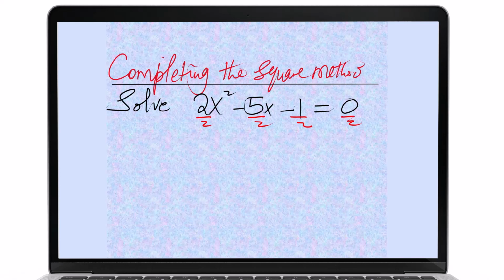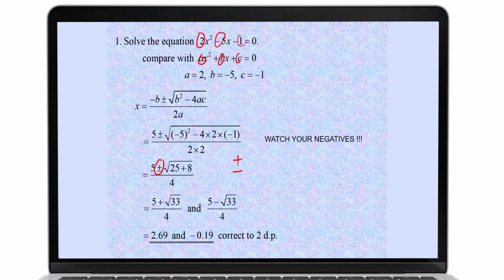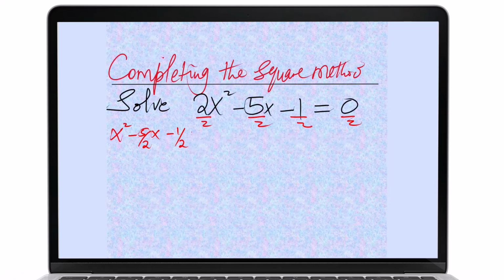And this will give x squared minus 5 over 2x minus a half is equals to 0. Then once you've done that, we take negative a half to the right hand side. So we shall have x squared minus 5 over 2x is equals to a half. When you take negative a half to the right hand side, you get positive a half.